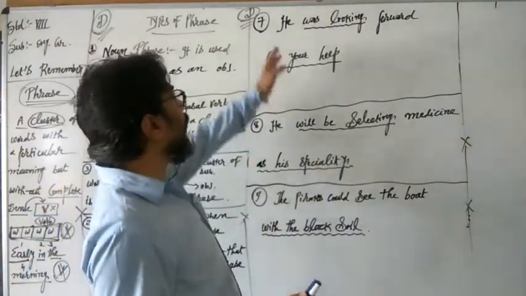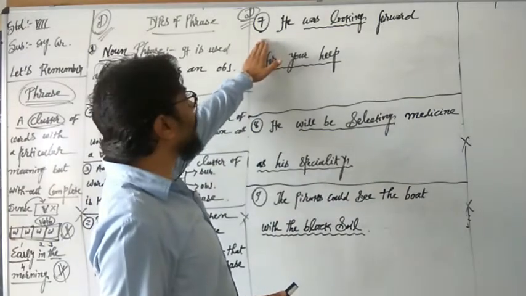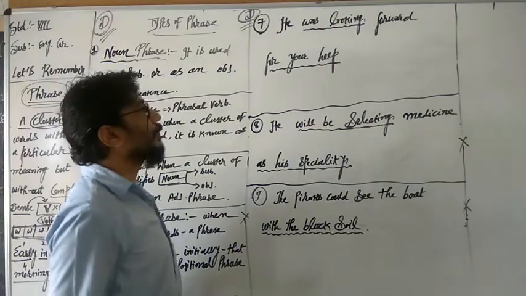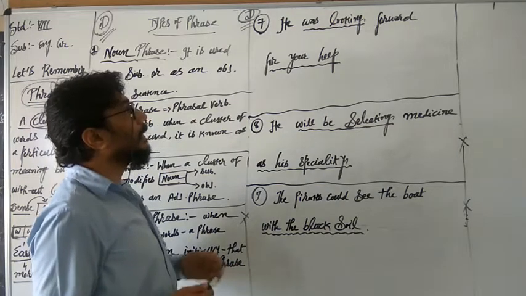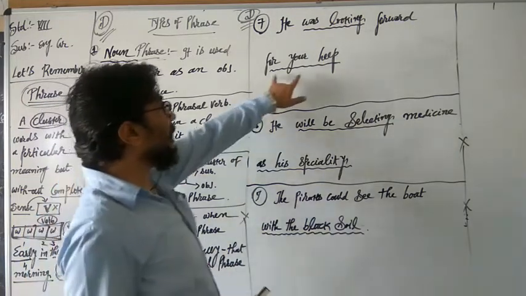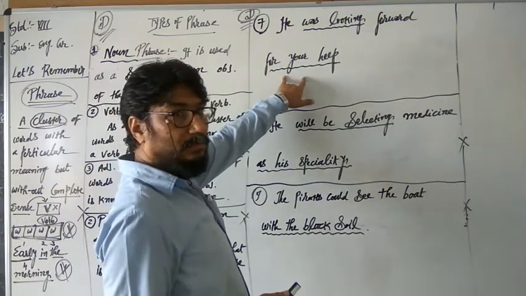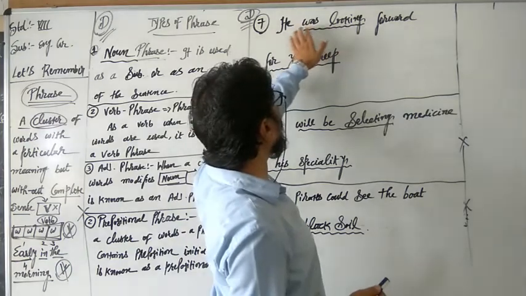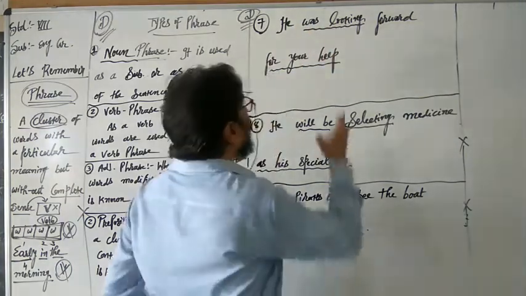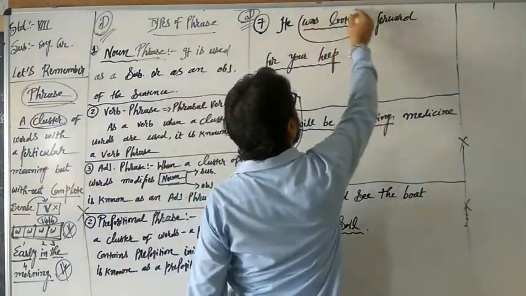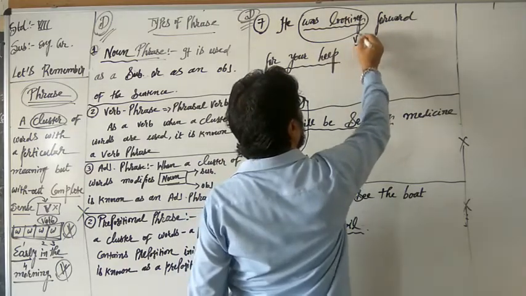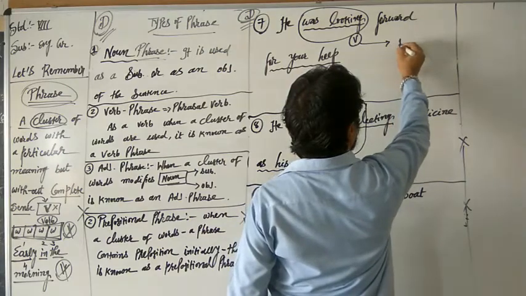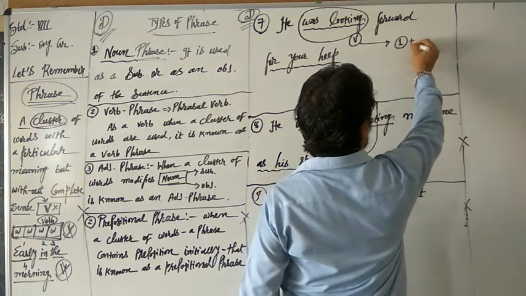Now we will go ahead with the 7th sentence. He was looking forward for your help. Here, this underline is not given in your textbook. I have made it. This underline is given. He was looking. You see here, was looking is used here in place of a verb. Generally, as a verb, we have one word only, but here 1 plus 1.